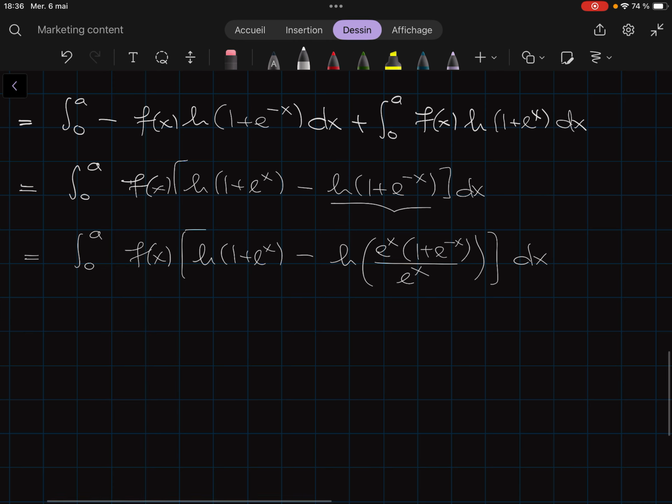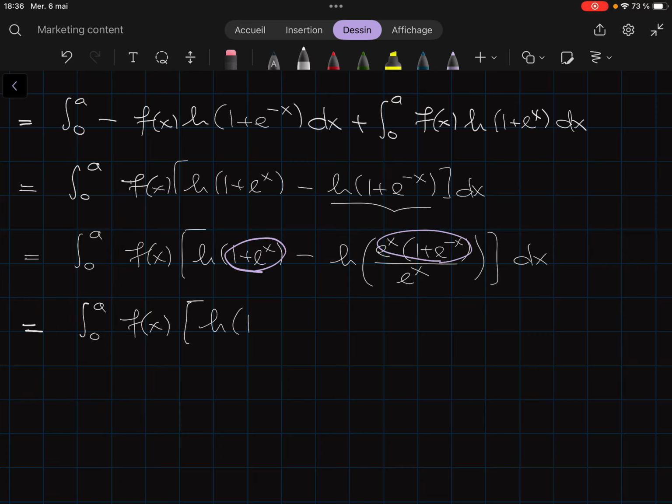Now, this seems a little radical, but noticing that this is the same thing as that, we can now use laws of logarithms to simplify the integral.